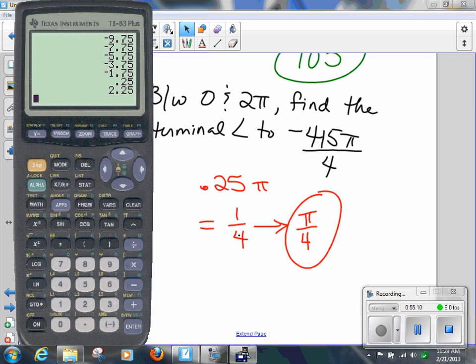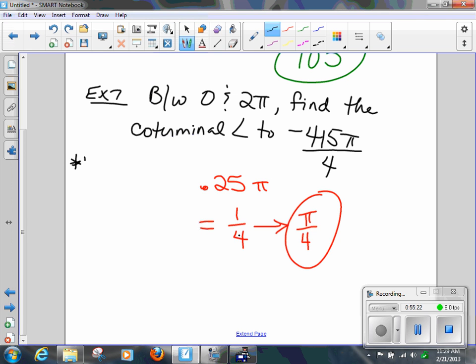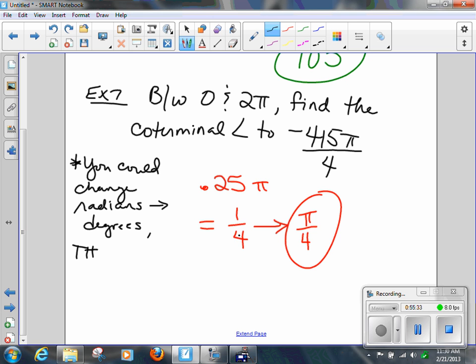What's another way you could do this if you weren't understanding that concept of adding 2, adding 2, adding 2? You could change radians to degrees, then add 360, right?